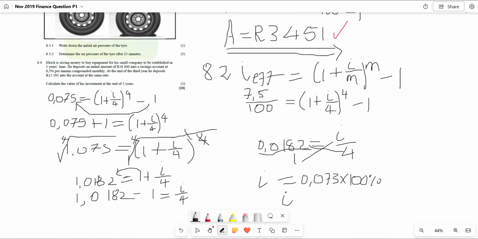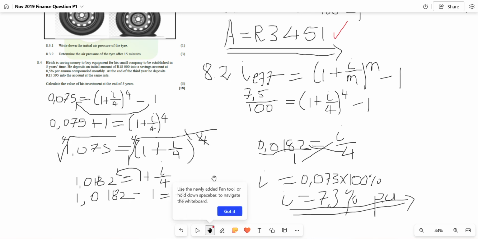This is going to give us I nominal, which is equal to 7.3% per annum compounded quarterly. That is your I nominal as 7.3% per annum compounded quarterly.